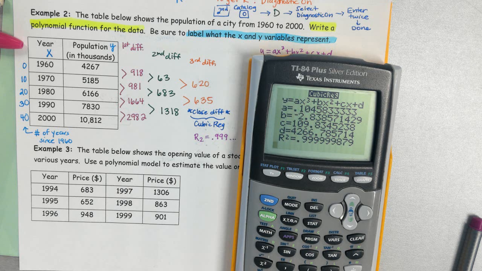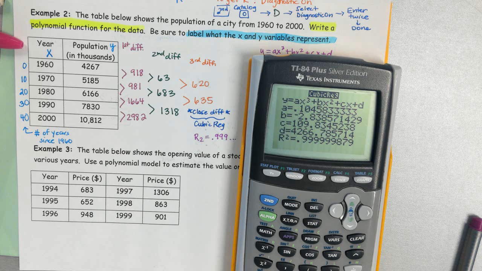Then once you've done that, I want you to go and do the same thing with quad reg. And we're going to look at the R value for that. Oh, you go to that.